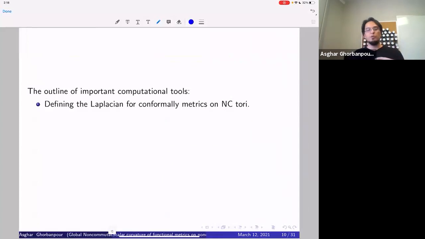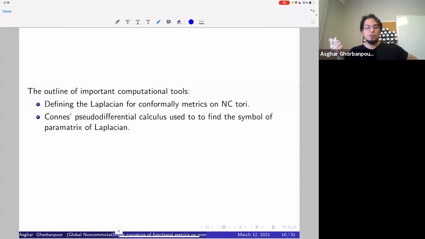If I want to point out a few tricks and tools used in these computations, the first thing was how we define that Laplacian, or Dirac operator, or Dirac square. That was the first thing that comes in.